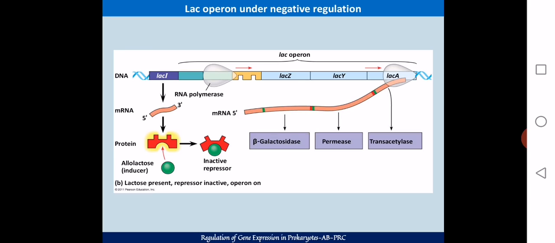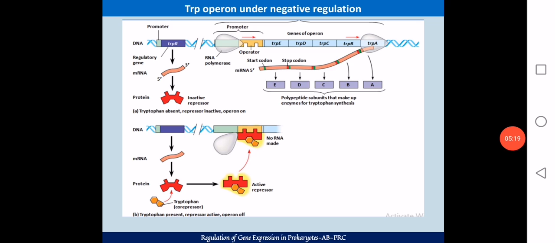All these images will give you much more idea about the lac operon and the negative regulation. This image shows you the regulation of the tryptophan operon under negative regulation. You can see the structural genes are expressed only when there is no repressor bound onto the operator site.